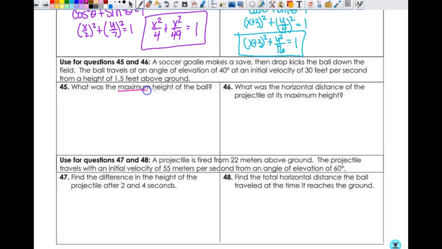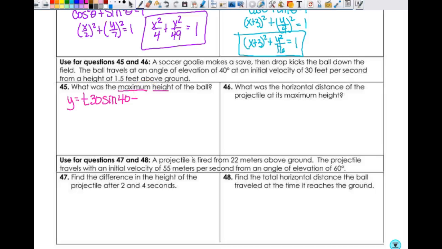All right, so to find the maximum height of the ball, I'm going to have to find the maximum time, and I'm going to have to use my y equation, right? So this is going to be y equals t times the initial velocity, which is 30, times the sine of the angle, which is 40, minus 1/2 of the gravity constant.